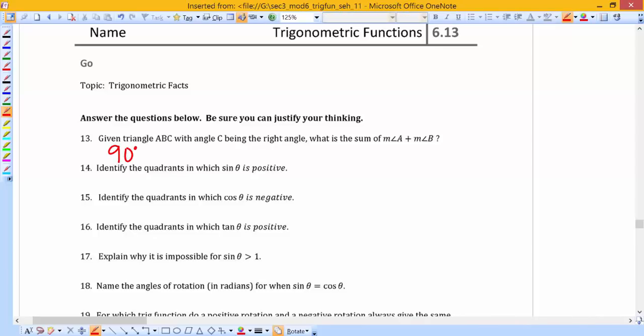So 90 degrees. And you can say 90 degrees back here also. You could say something along the lines of there's 180 degrees in a triangle, and if one of the 3 angles is a right angle, that is 90 degrees, and that leaves 90 degrees for the other 2. Something like that.